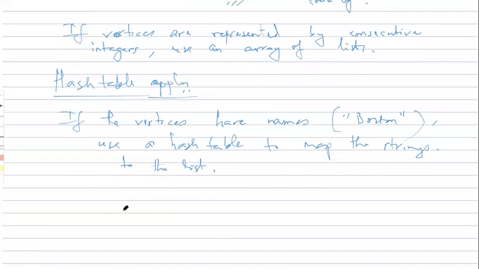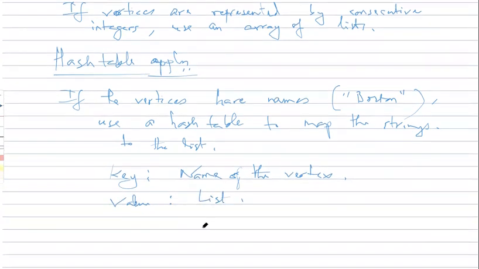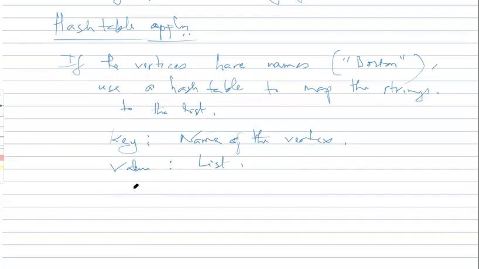So here the key would essentially be the name of the vertex, and the value would be the list. So adjacency list is clearly more time and space efficient for sparse graphs.